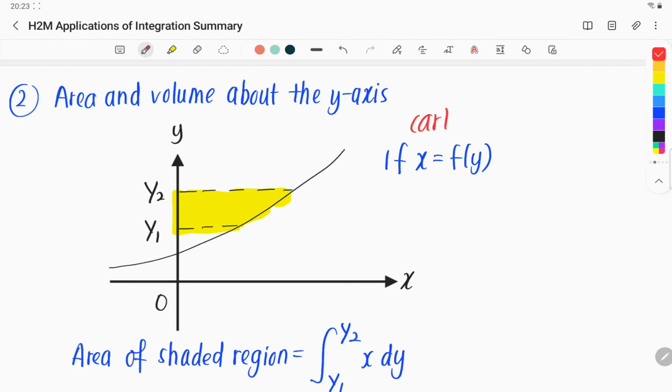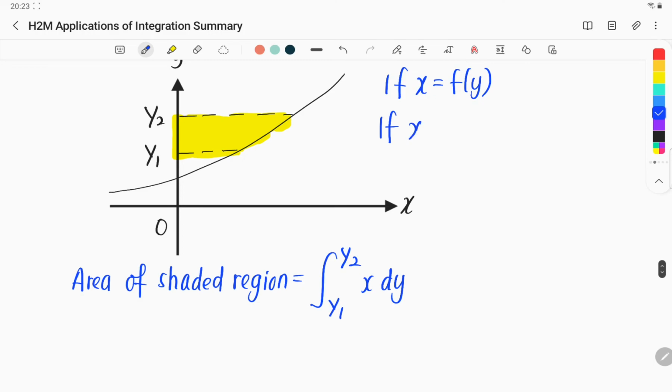So again, if x equals f of y, what kind of equation is this? Good, this is a Cartesian equation. But then again, we have to introduce the idea of parametric equations because it's H2 math. So for a parametric equation, x equals f of t, y equals g of t. This is what we call the parametric.